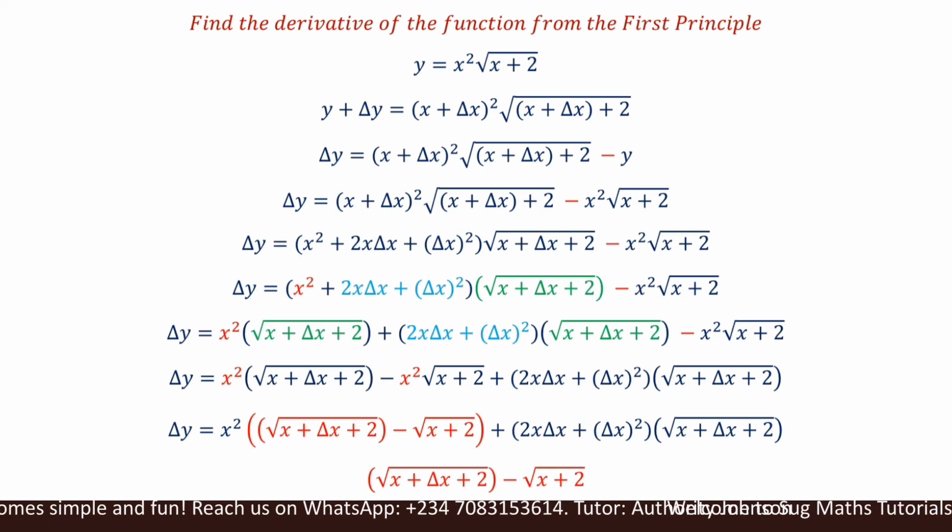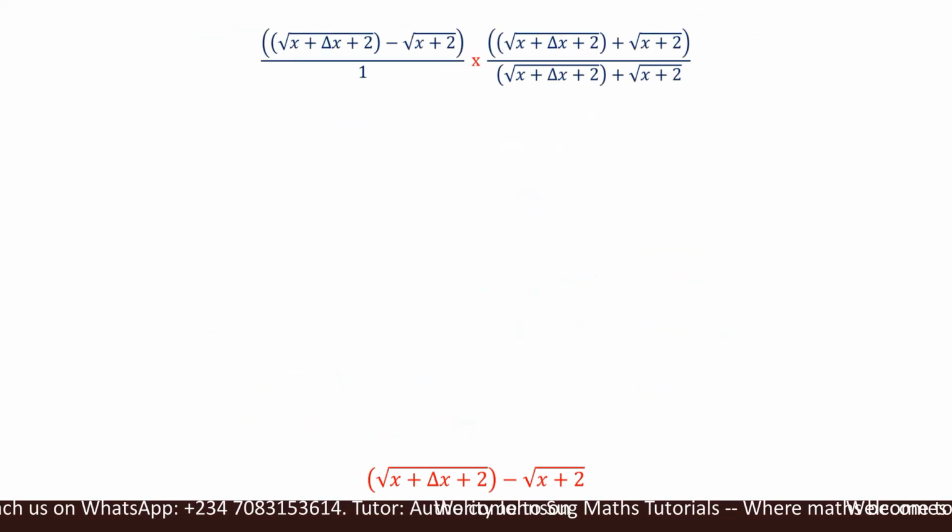How do we rationalize? We multiply it by the conjugate all over the conjugate, meaning we are going to have square root of x plus change in x plus 2 minus square root of x plus 2.